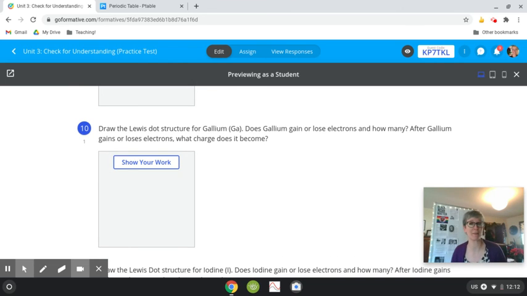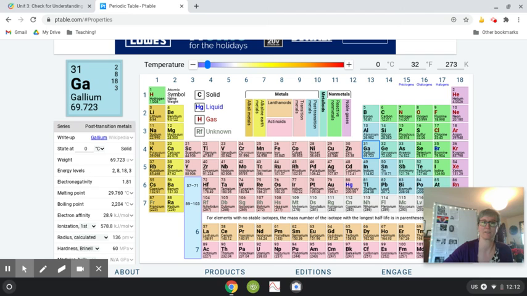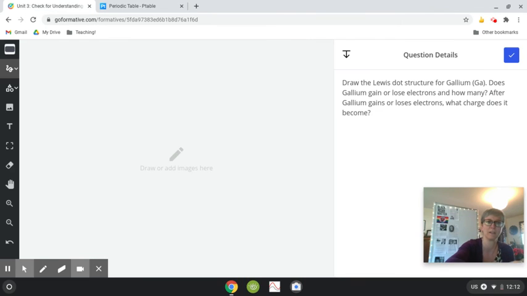And does gallium gain or lose electrons? And how many? After gallium gains or loses electrons, what charge does it become? So I have like 3 things I need to do here. I need to look at gallium. Gallium right here is in group 13, so it's going to be 3 valence electrons.